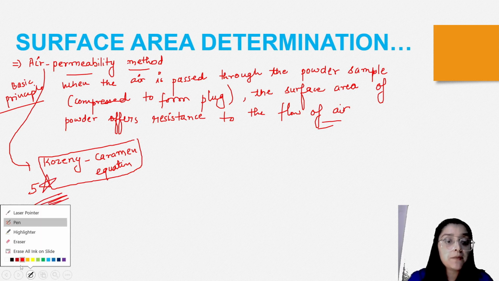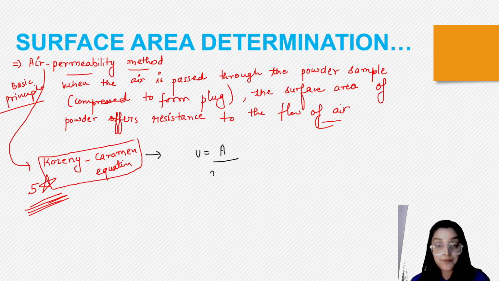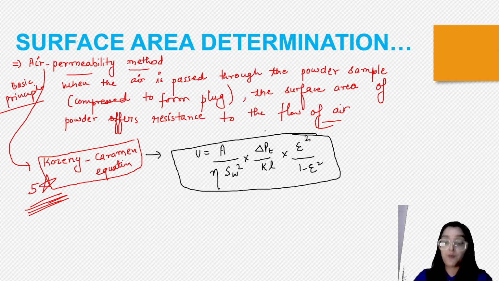You should memorize the equations very well from your GPAT point of view. Okay, so the equation is S = (A/ηW²) × (ΔPt/KL) × (E²/(1−E²)). This is your equation derived from the Poiseuille equation.